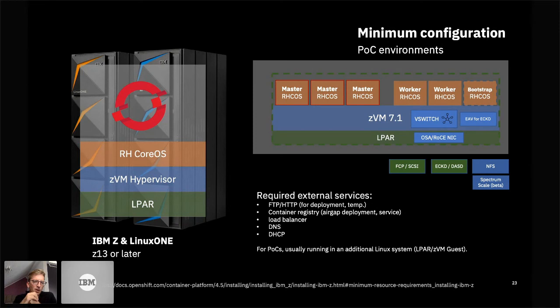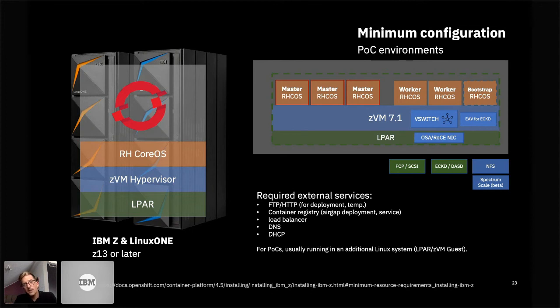HAProxy, DNS, DHCP can all be running in a Linux system. It doesn't have to be a guest inside of the z/VM for the cluster. It can also be part of an external z/VM host, or an external LPAR, but your cluster will need those services. Usually they are already there because you already have some kind of environment and you just add your cluster into that. So this is how the minimum configuration would look.